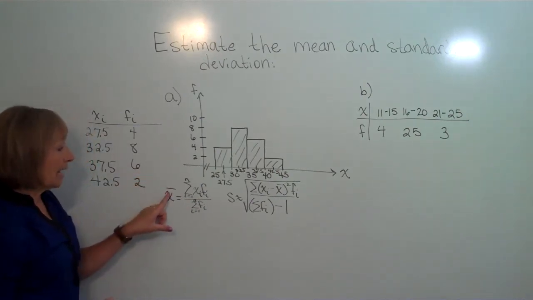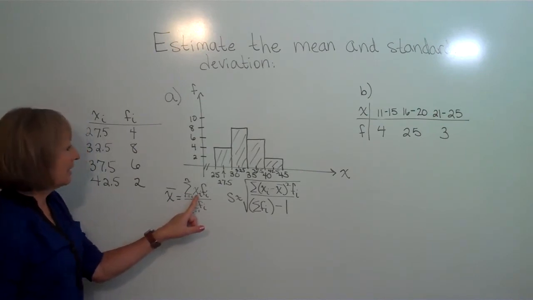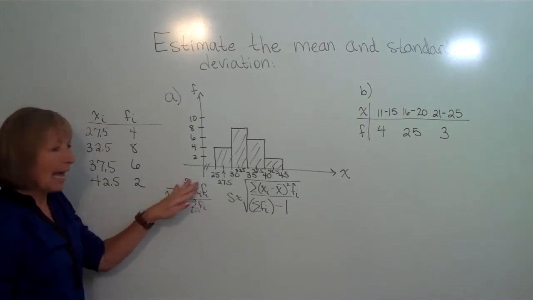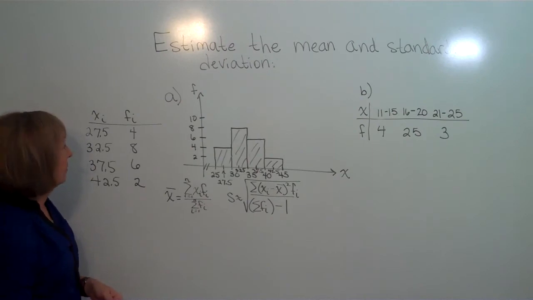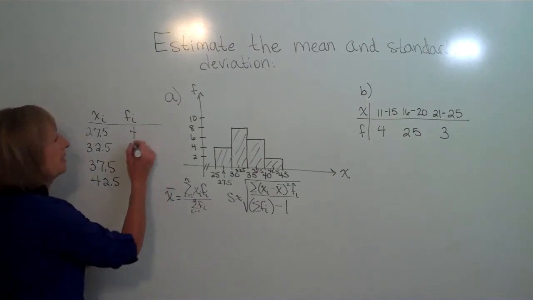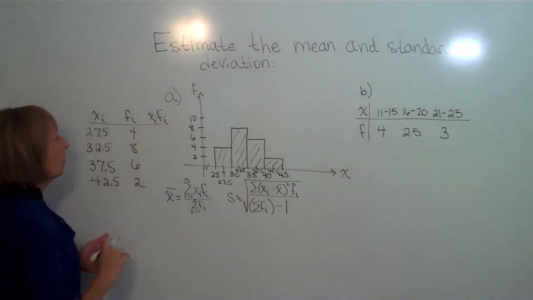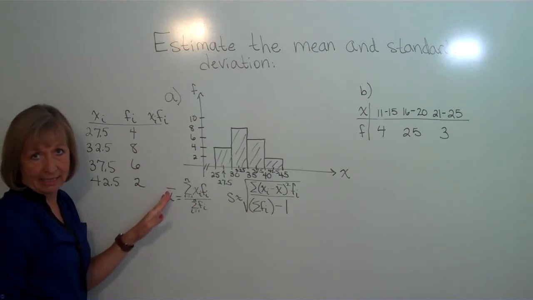Now, to find the sample mean, we're going to take each x times its frequency, and then add those all together. So I'm going to take just a minute and multiply each x by its frequency and fill in this column.